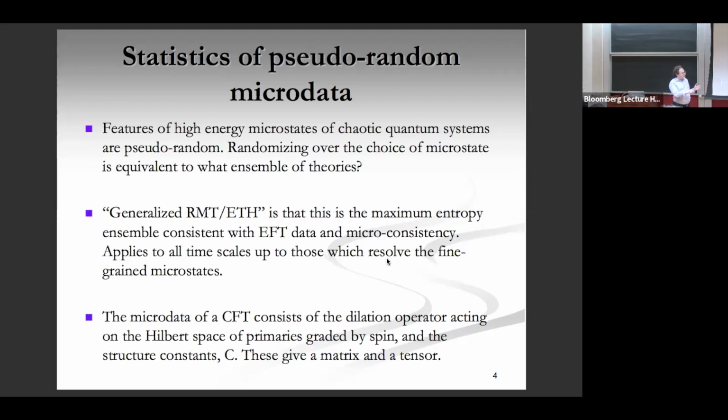Okay, and it's really this second part that I'm going to focus on for them. And this kind of generalized version of random matrix hypothesis applies to all time scales, including very long times up to the time scale where you see the individual energy levels. Then, of course, no random description could be valid.